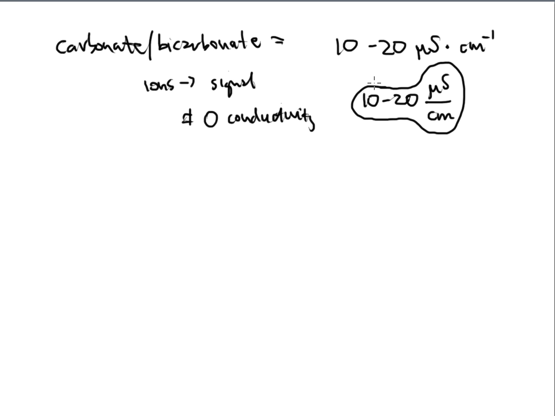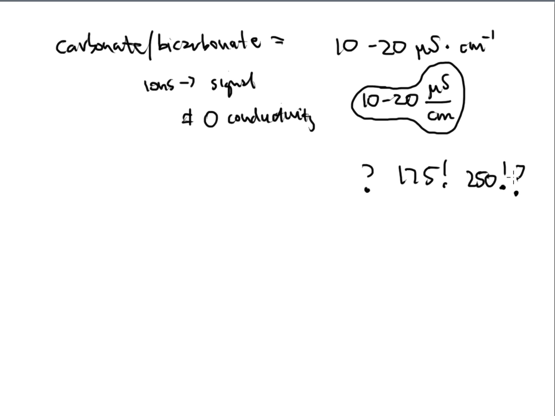If you're pumping mobile phase through, and it is a bicarbonate-carbonate mix, and you have no sample coming through, it's just mobile phase, and you start seeing conductivity that goes up to like 175 or 250, then we know that there's a problem.